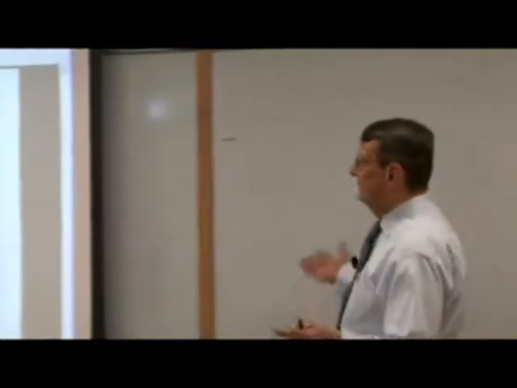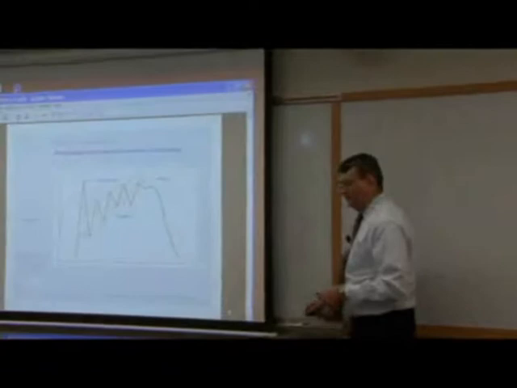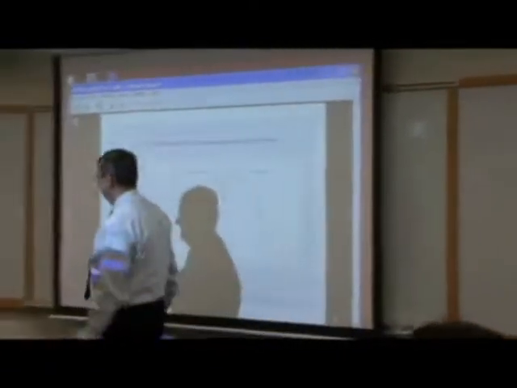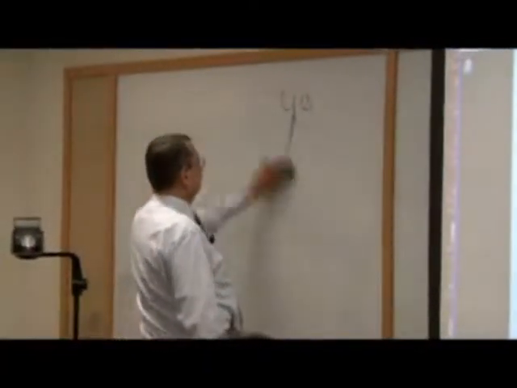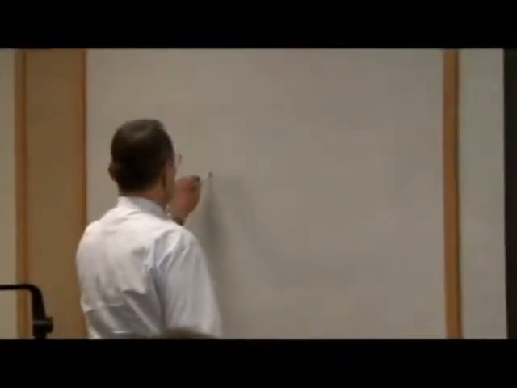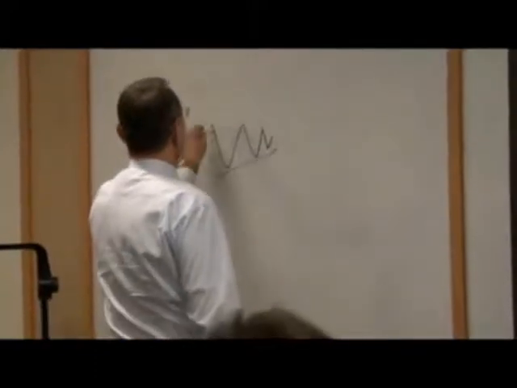A wedge looks like a triangle, but it's not a triangle. This is the question that lots of people always miss on the tests. The stock has been in an uptrend and then goes through some kind of pause here.